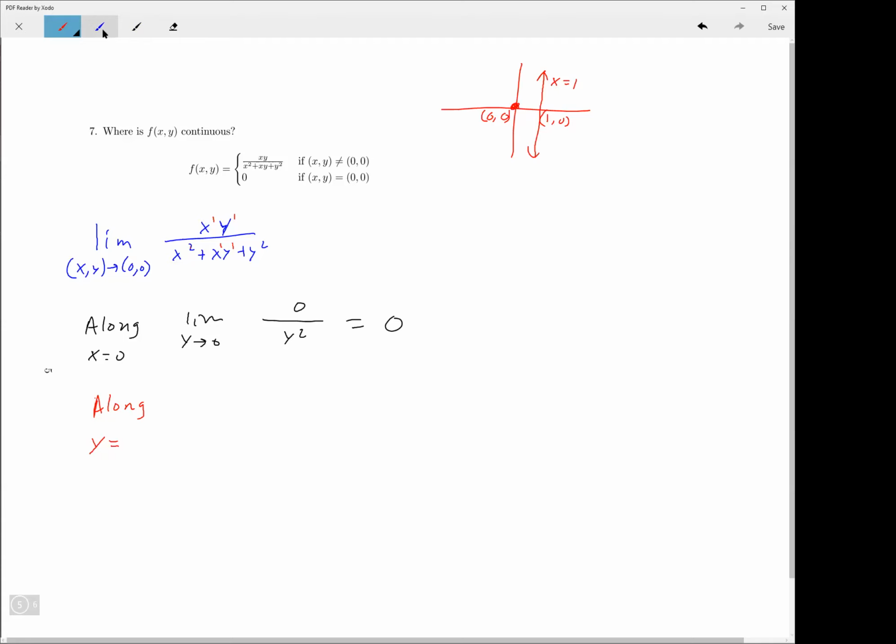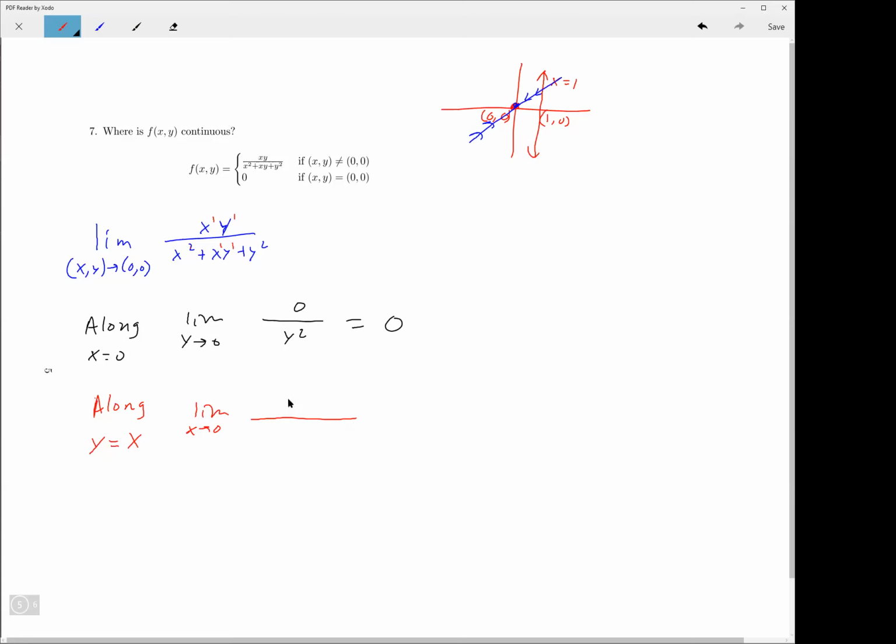Okay, so what is this path? It goes through the 0. What's the equation of this line? It's y equals x. Yeah, so you're going to go along that path. You're making y equal x, so you're going to have a limit as x goes to 0.